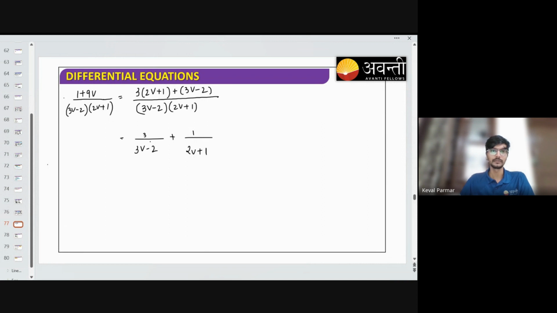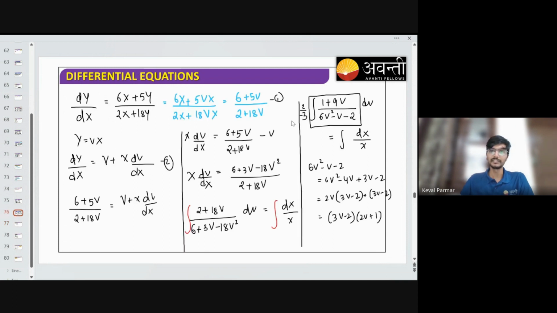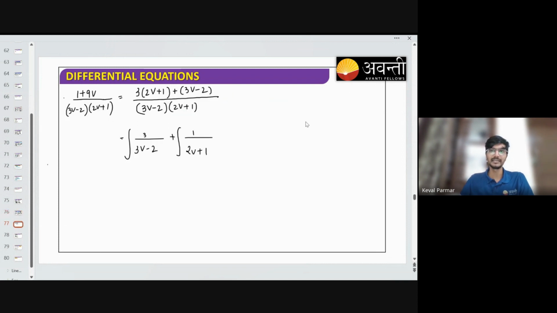And now I have to integrate this. So my equation will now become minus 2 by 3 times the integration of 3 upon 3v minus 2 plus 1 upon 2v plus 1 dv is equal to the integration of dx over x.